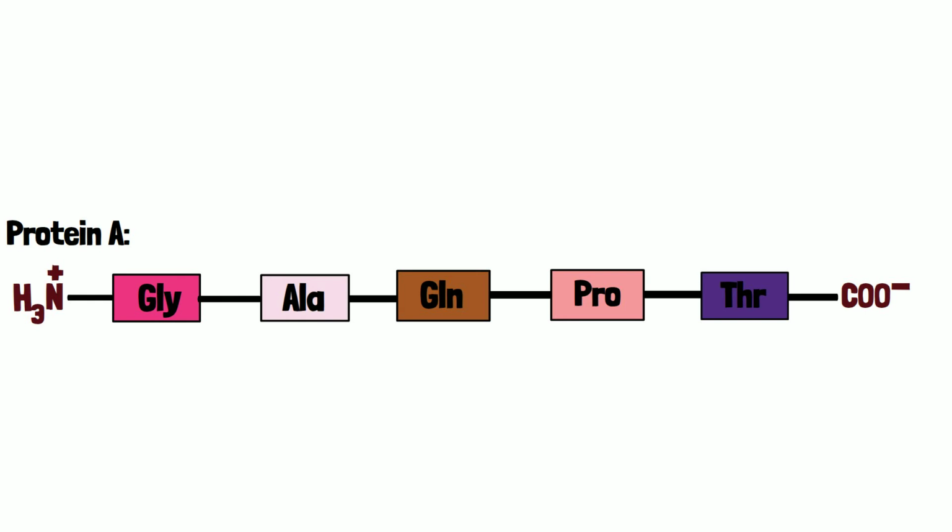You can see the amino terminal end and the carboxyl terminal end of this protein. So this sequence is read from left to right, starting with glycine at the N-terminal end. And this sequence or order of amino acids is the primary structure of this protein, and it is unique to this protein.